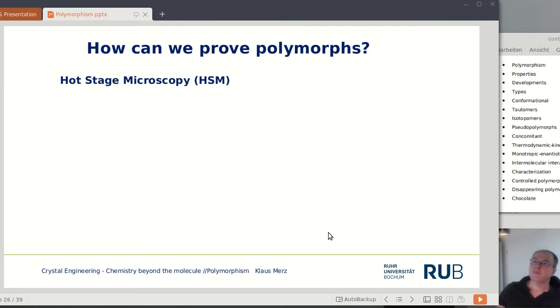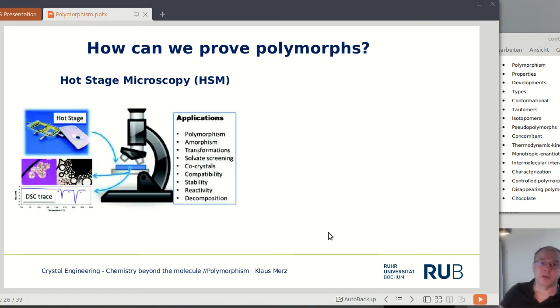Next point is thinking about thermal methods to distinguish, control, and prove polymorphs: hot stage microscopy. Very nice, very simple. What you need is a microscope and a hot stage, a heating plate, not more.